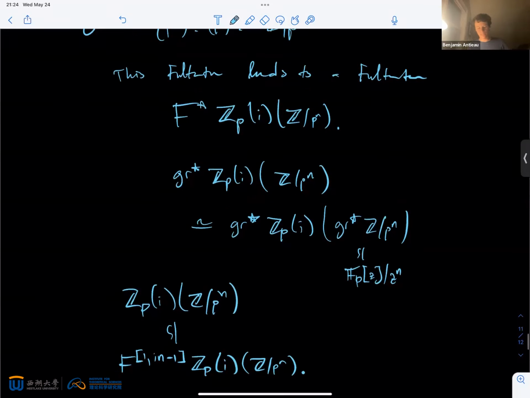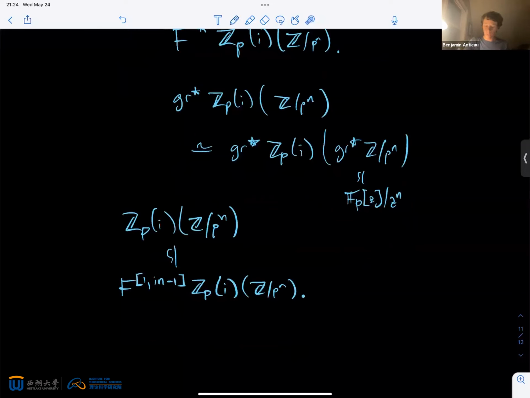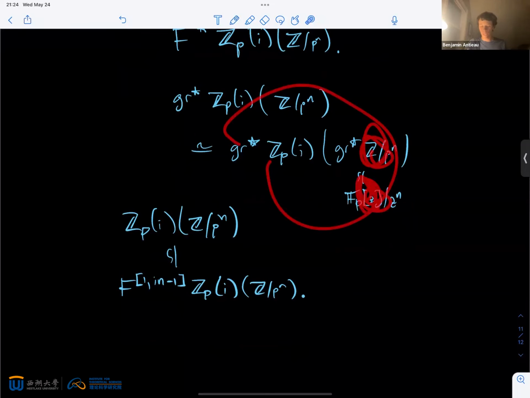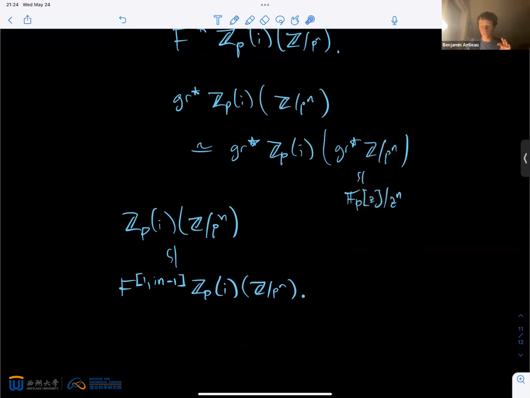You do this by checking in the computation of the syntomic cohomology of this, done by Yuri Sulyma, that there's nothing in high graded pieces. And so you just get to stop somewhere.